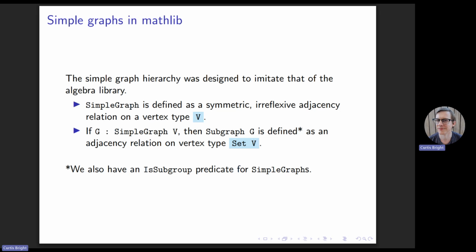The predicate says, if G is a simple graph on V and H is a simple graph on W, then G is a subgraph of H if there's adjacency between two vertices in G only if there's adjacency between two vertices in H. I don't remember if it's distinct types.